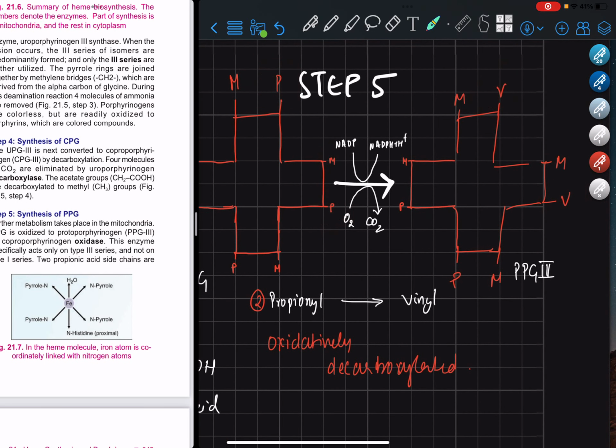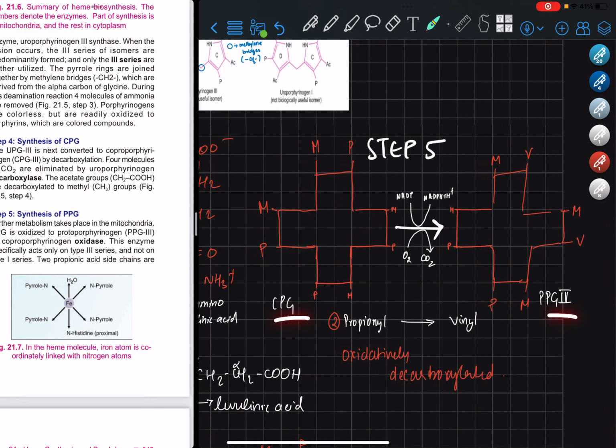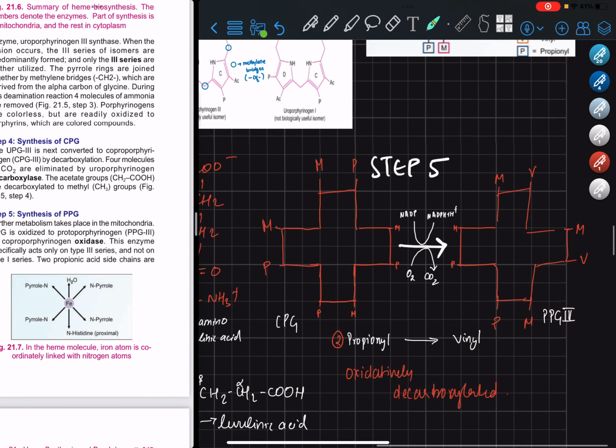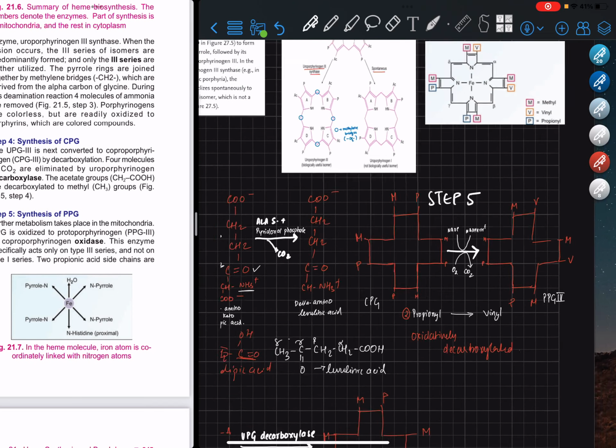So here, because oxidative decarboxylation is taking place, NADP is getting reduced to NADPH plus H plus, and this reaction also requires molecular oxygen. That is the 5th step, that is CpG3 gives PPG. Now I'm still confused whether it is PPG3 or PPG9, so I'm just going to mention PPG for now. That is the 5th reaction.